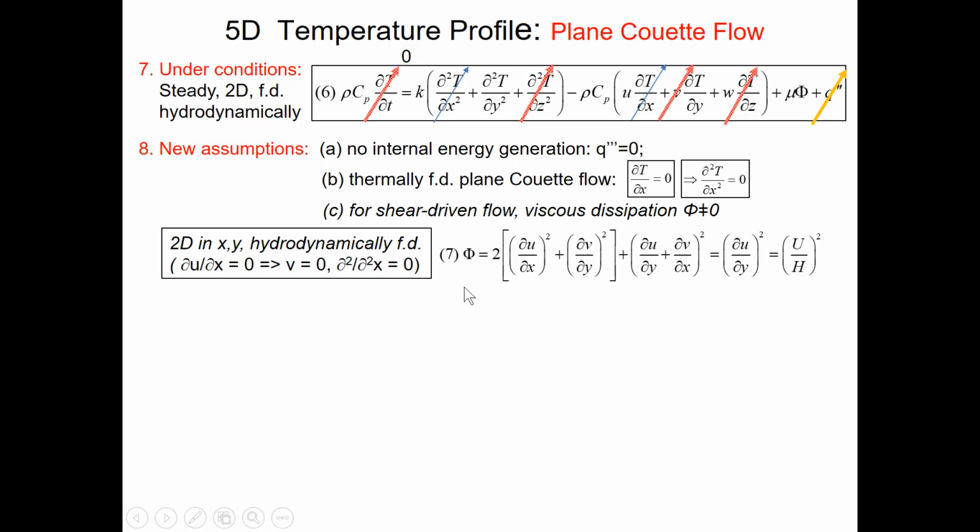Now let's check the viscous dissipation term. We will apply the two-dimensional in the xy direction. It is hydrodynamically fully developed condition to simplify, since there is no acceleration. So partial x is 0, and the velocity in the y direction is 0, so its derivative is 0 as well.